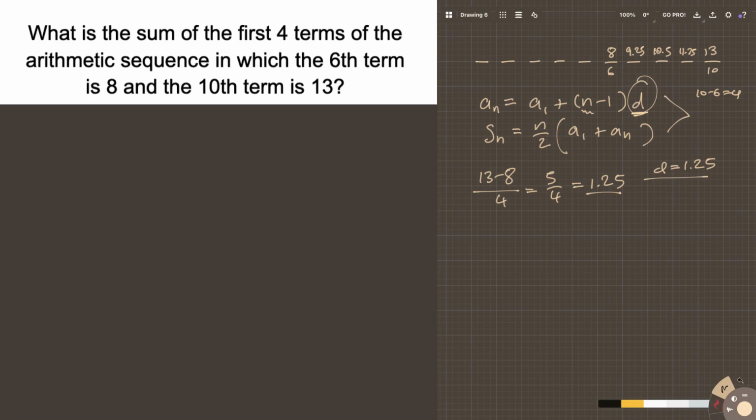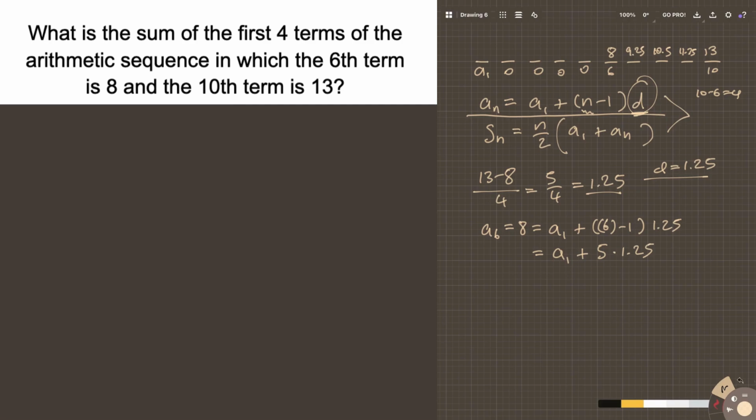Knowing this, let's try to solve our first term over here, a of 1. Well, we can actually manipulate this formula over here to do that without having to solve for each term. How? Well, we know a of 6 is 8, right? So a of 6, which is equal to 8, is equal to a of 1 plus n, which is 6, minus 1 times 1.25. So this is equal to a of 1 plus 6 minus 1, which is 5, times 1.25.